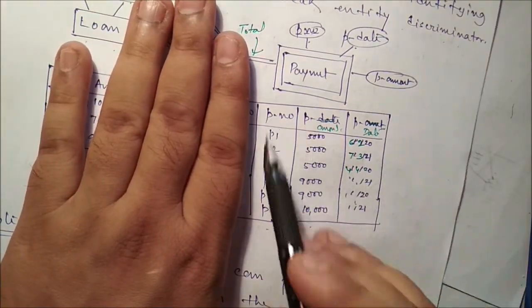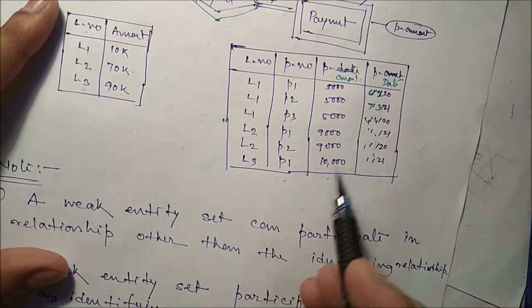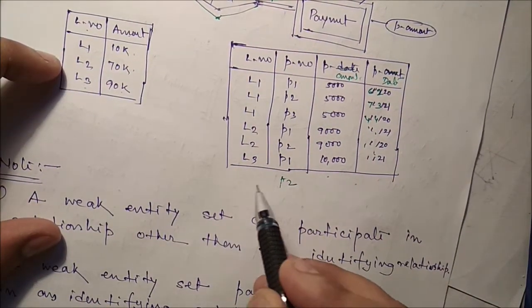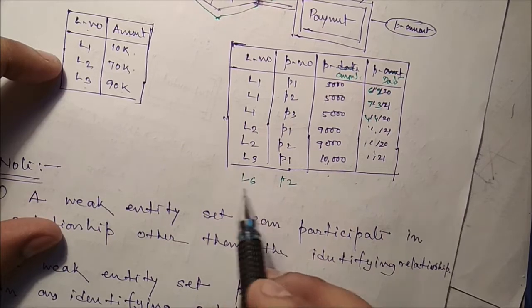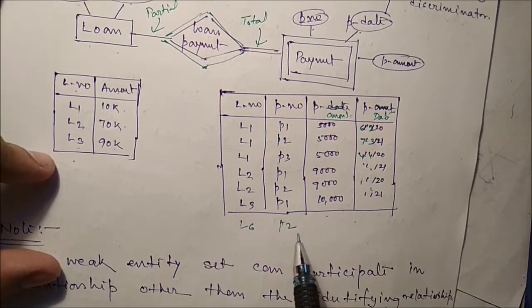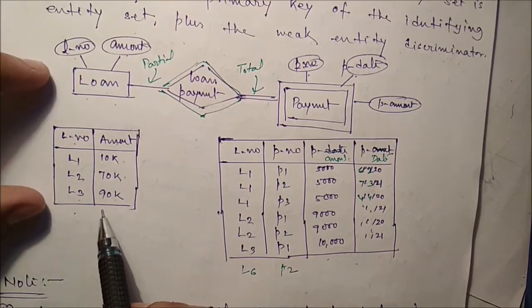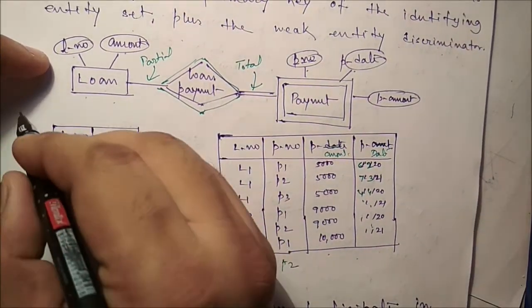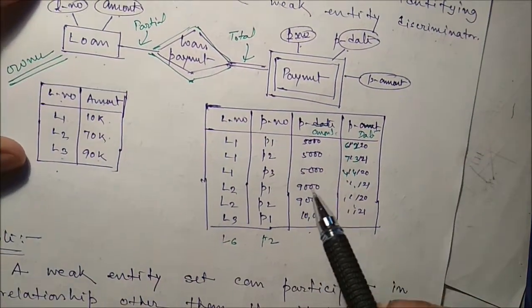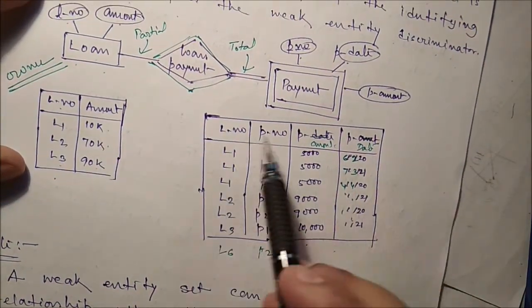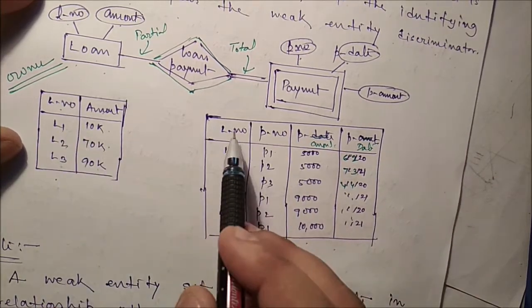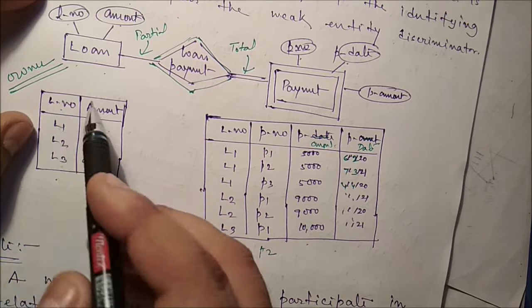So this will be the weak entity, because we cannot enter any payment number. Say payment number 2, say loan number L6, but L6 is not there, so we cannot insert any entry which is not present in this particular identifying entity or owner entity. So this is our owner entity or identifying entity, and the primary key of the weak entity is formed with the help of the primary key of the owner entity.